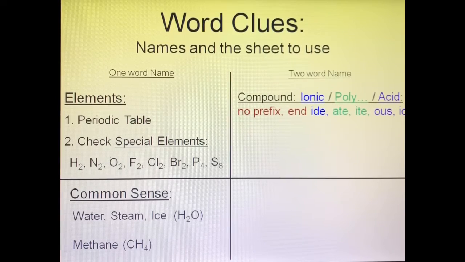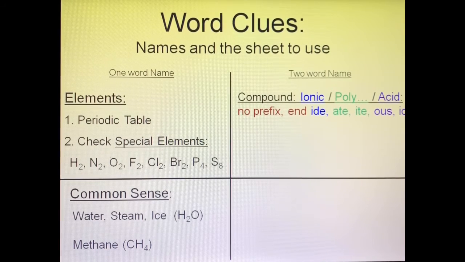Some formulas have prefixes, some don't. So if you don't see prefixes on the name, it falls into this category. Also how the name ends puts it into a specific location, like the ionics that end in "ide", polyatomics that end in "ate" or "ite", and the acids whose names end in "us" or "ic".